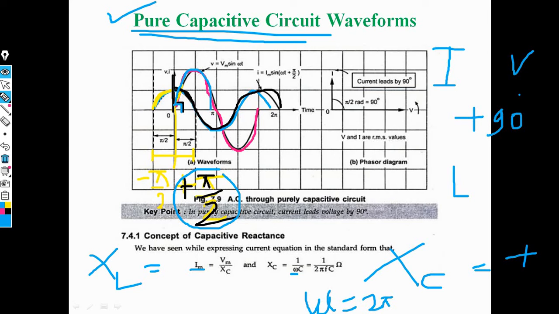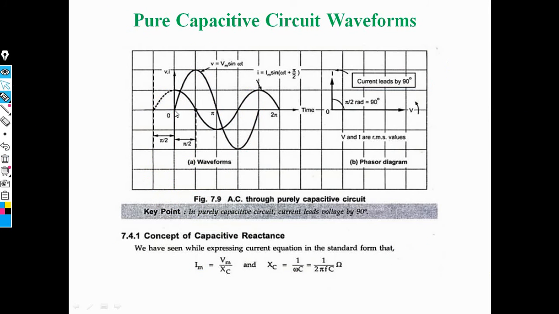Now these are the very important topics: the purely resistive circuit, the purely inductive circuit, and the purely capacitive circuit. That means each and every element is very important in any circuit, that is resistive, inductive, and capacitive. This is a very important topic in AC circuits.